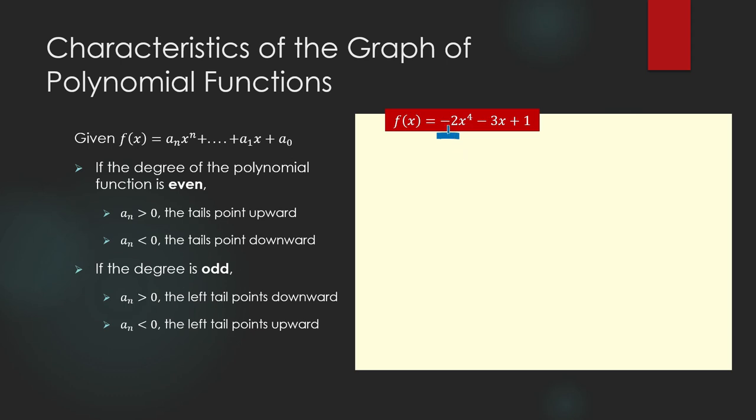And so negative 2 times this, which is always positive because the exponent is even, the sign of this term is going to be negative. So the tails of your function point downward. This is the left tail and this is the right tail. Okay, so let us show the true actual graph.